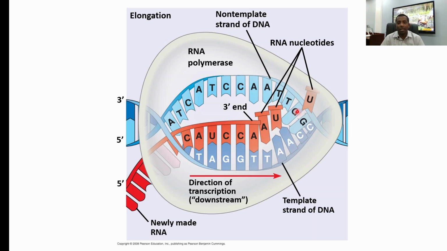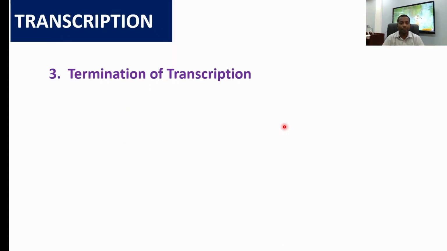As the RNA polymerase moves along the DNA strand, more and more complementary RNA nucleotides are attached, and you will get an mRNA strand.